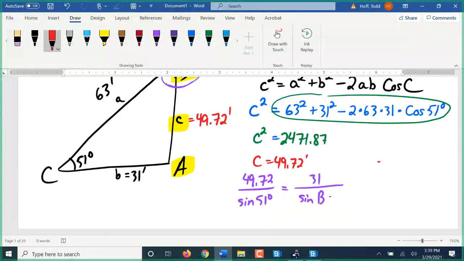So to find angle B here, we have the 49.72 over the sine of 51.